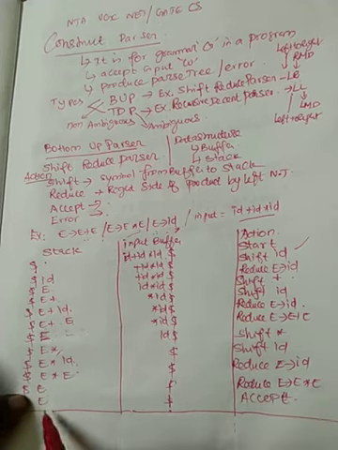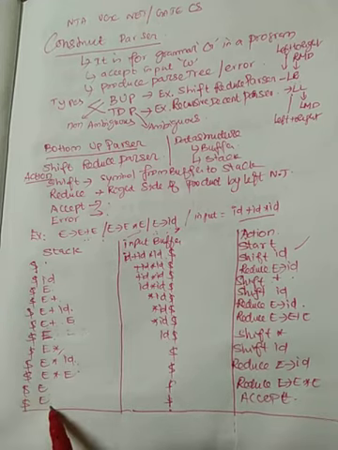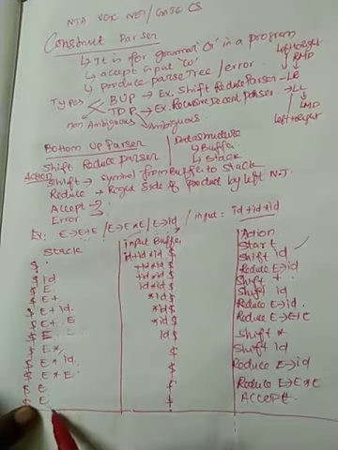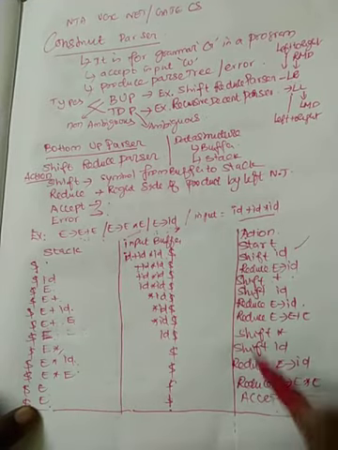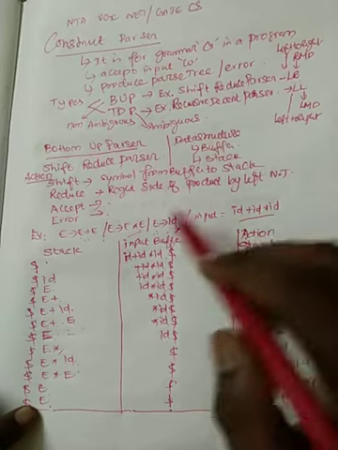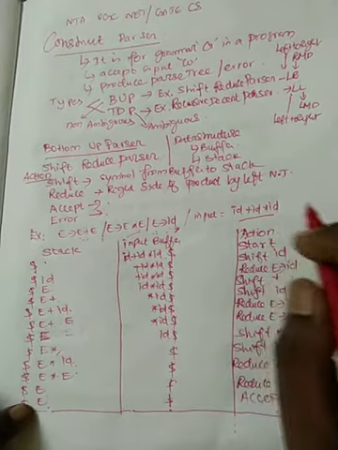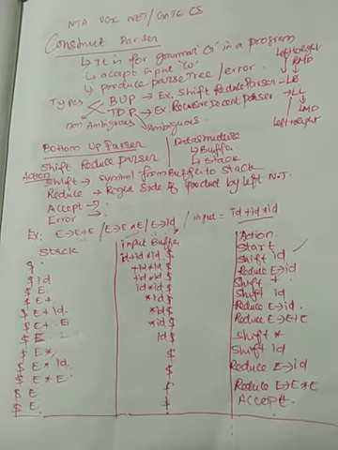Now I achieved capital E, which is nothing but the start symbol of the given grammar. So we accept this particular input string, and the production rules taken are correct. Hope you understand. Thank you for watching.